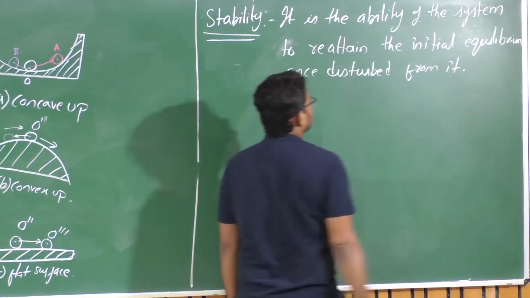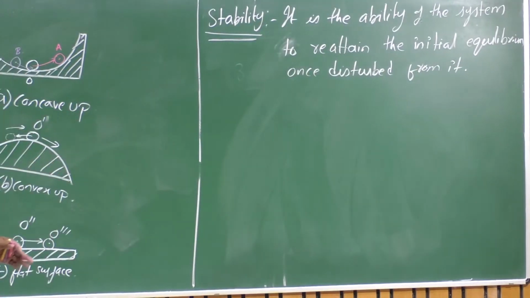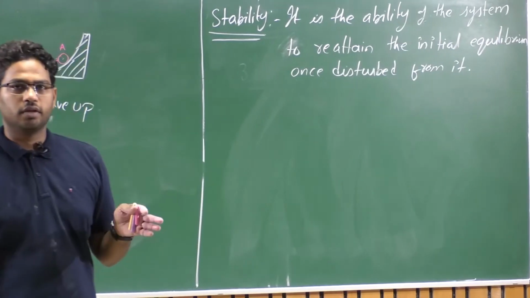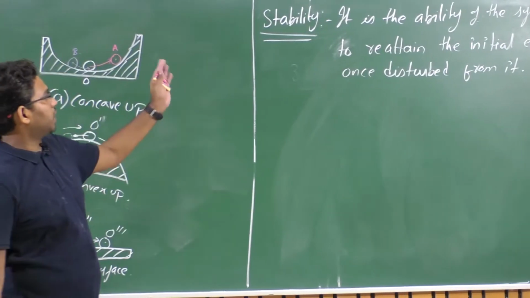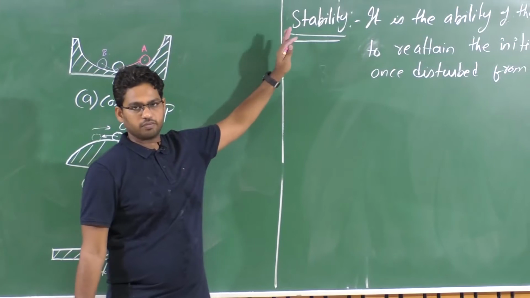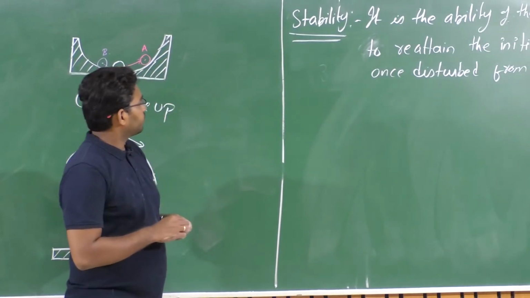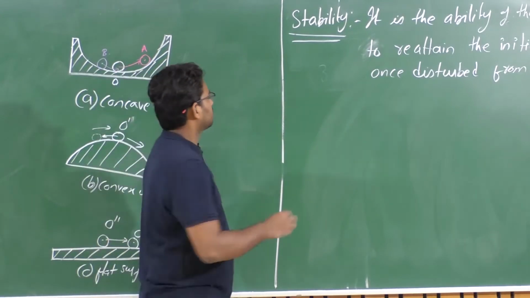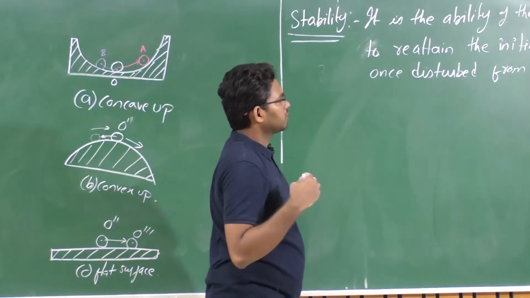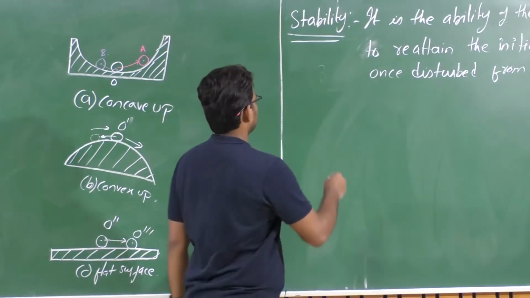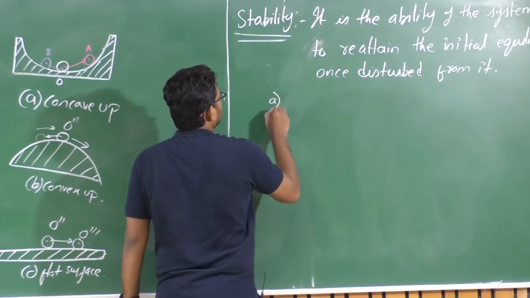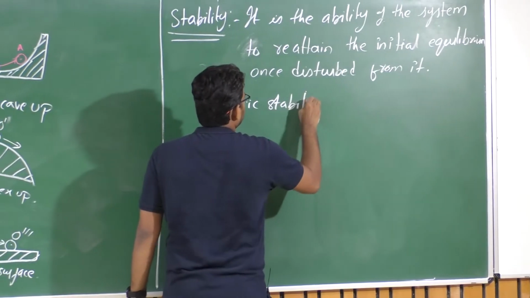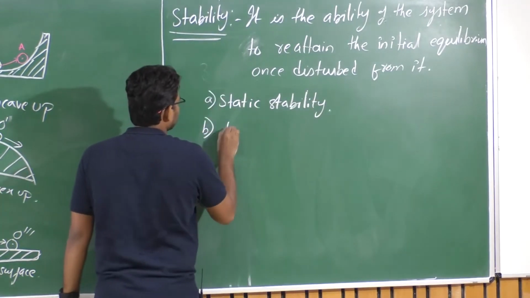Once you disturb the system from that initial equilibrium, it should have the ability to retain that equilibrium state. If the system has that property, then we say it is a stable system. In order to define the stability of the system, we need to talk about two cases called static stability and dynamic stability.